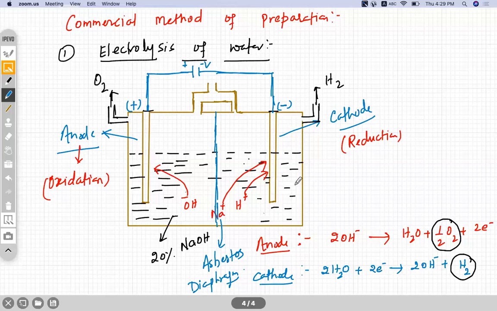We use NaOH here in order to make this water conductive in nature, because we know pure water is a bad conductor of electricity. Yes, we can also use H2SO4 here, NaOH or H2SO4.